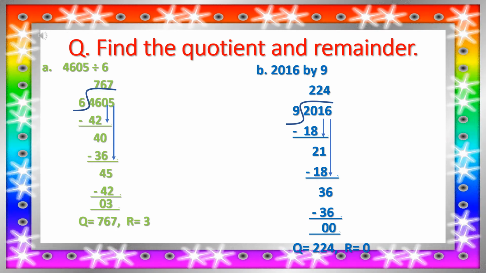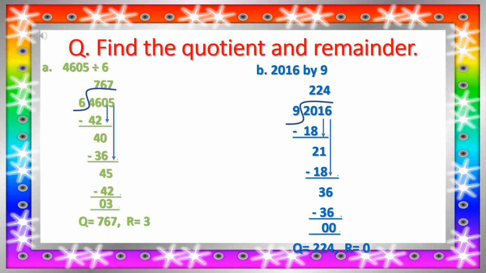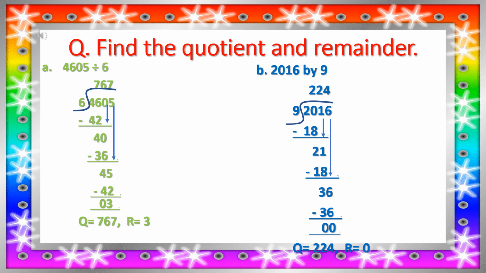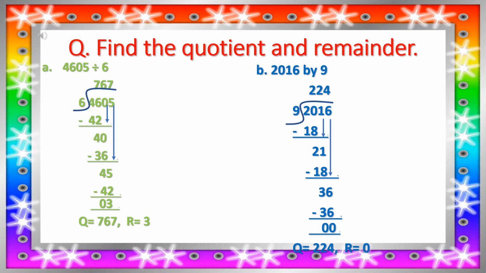Now we will bring down 0 and it will become 40. Now 6 6s are 36. So we will write 6 as quotient over 0 and we will write 36 under 40. 40 minus 36 is 4. Now bring down 5 and it will become 45.